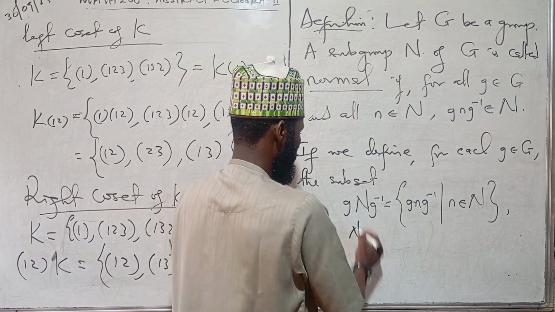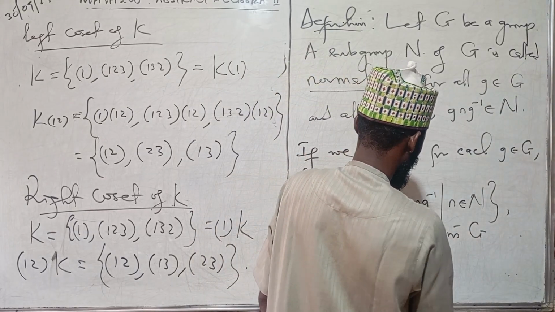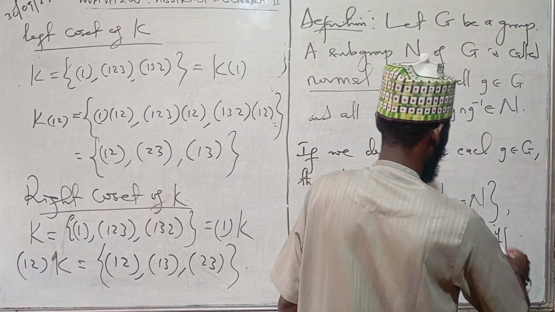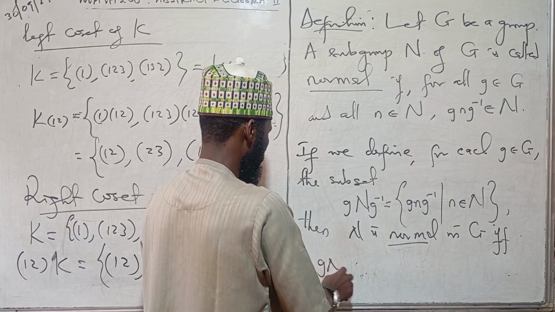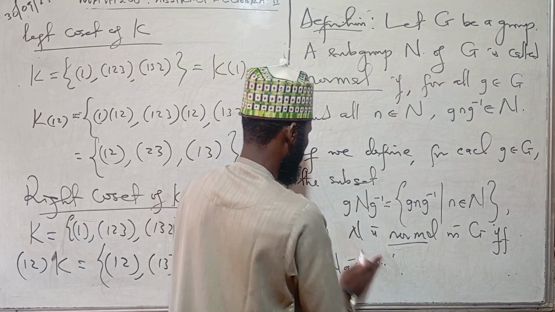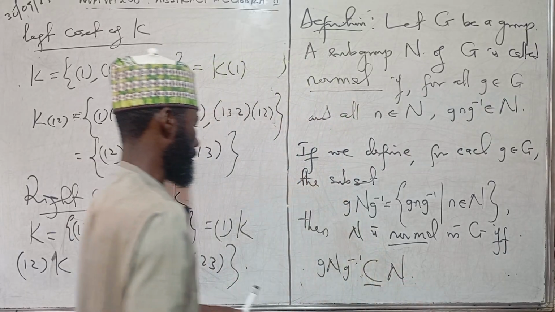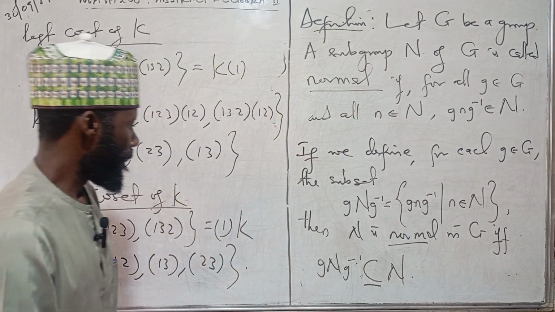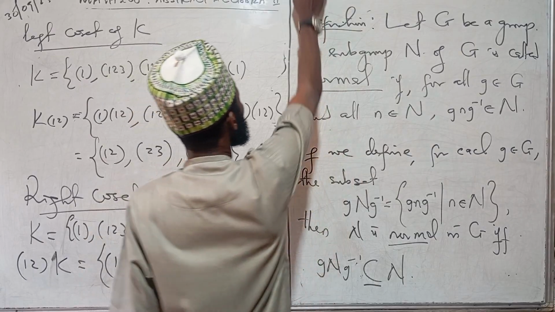N is normal in G if and only if gNg inverse is a subset of N. No, not equal to N, but a subset of N. This is what we are saying. It is always included in N.